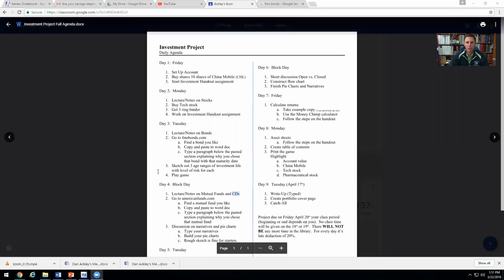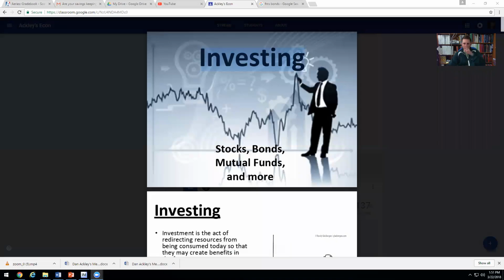We are going to first jump right into bonds. Let me minimize this and scroll right up here. What you guys are going to do is open up the field for bonds.